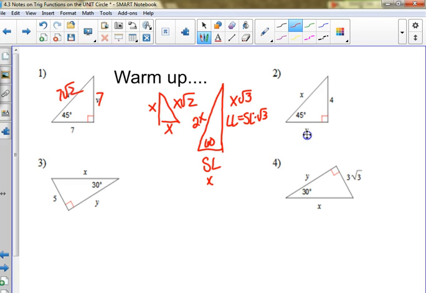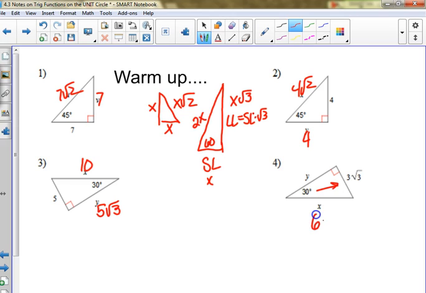Okay. So on this little jobby, we need a 7. And on this one, 4, and nothing too tricky, right? All right, this is a 5. X is 10. 5 square roots of 3. Okay, across from the 30 is 3 square roots of 3. You'd have to double that and put it where? That's the short leg.